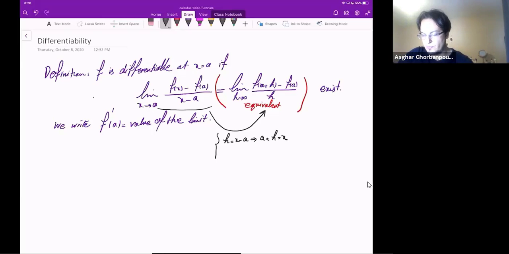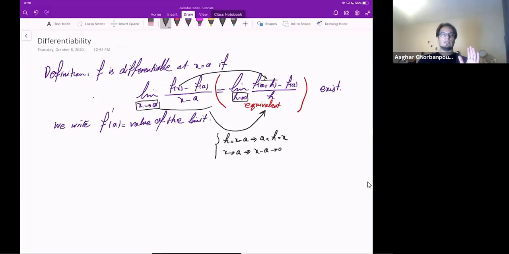That's why you see that for x, we are plugging in a plus h. And since x is approaching a, x minus a will approach 0. And that's why instead of x going to a, you see that we have h going to 0. Either will work. Any of these ones you put, it will work.